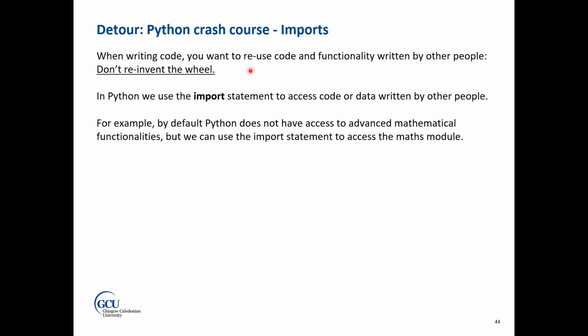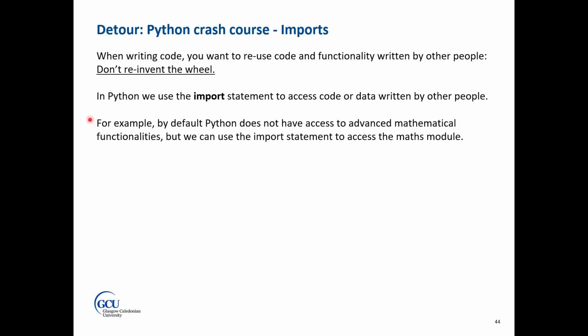So for example, eventually we are going to want access to Webots robotic functionality within Python, and this does not come by default, okay? So the way in Python we load libraries, scripts, or models that other people have done is using the import statement.